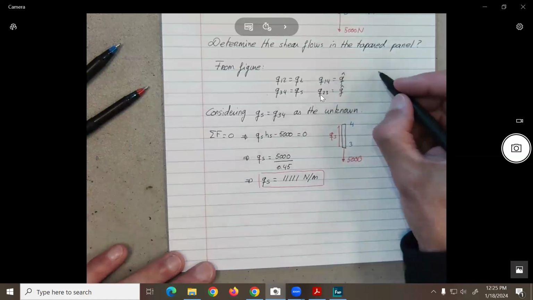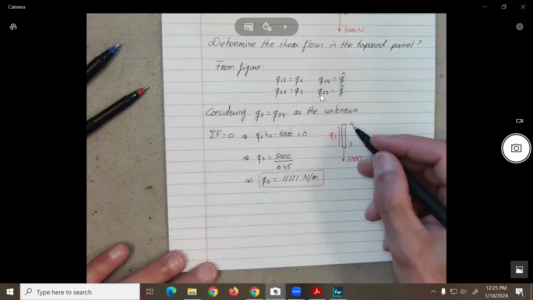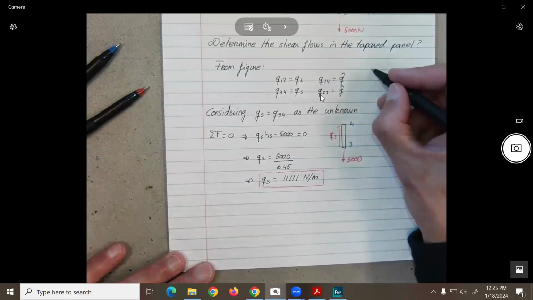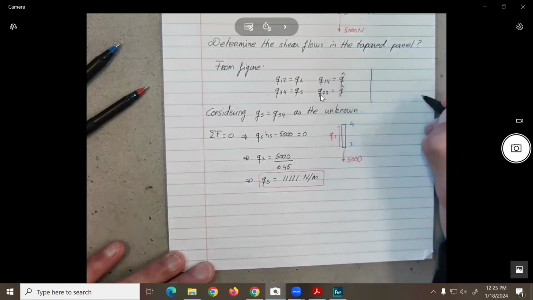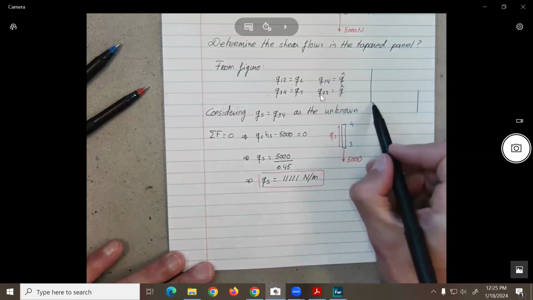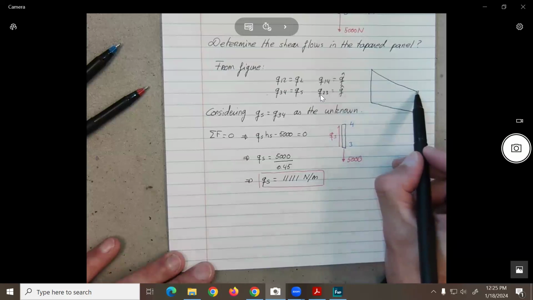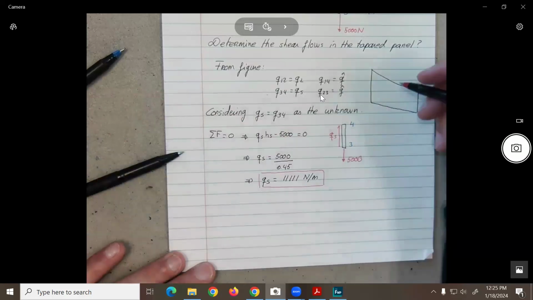Well, let me do here maybe another small figure for Q sub S for clarification.